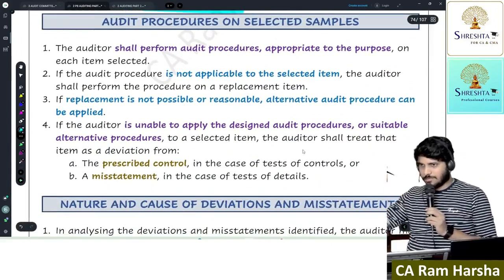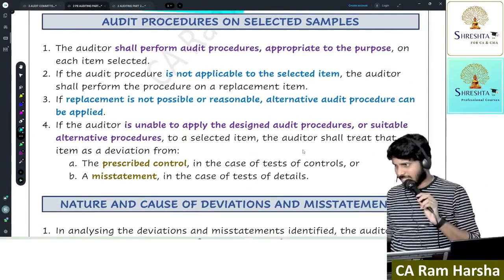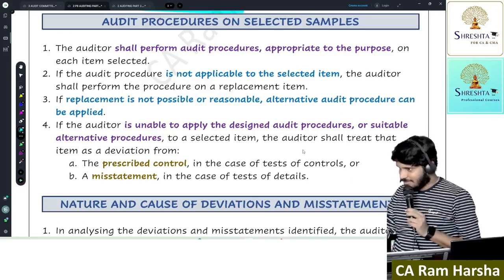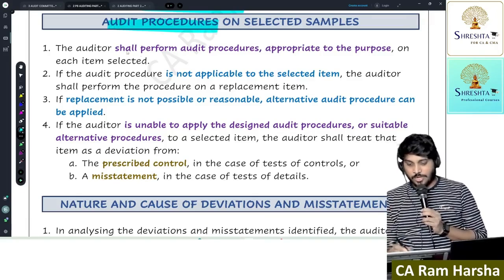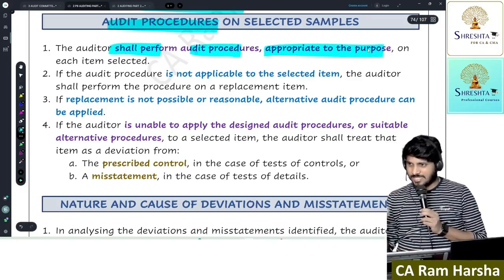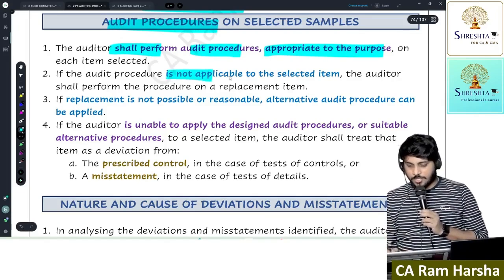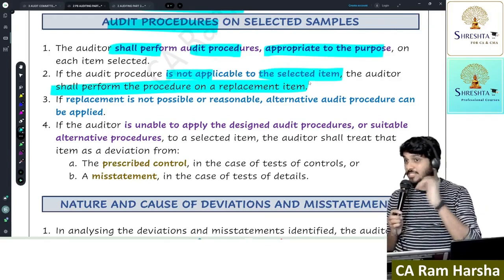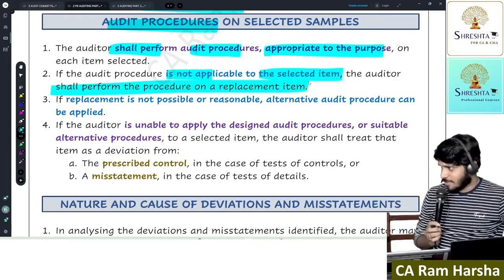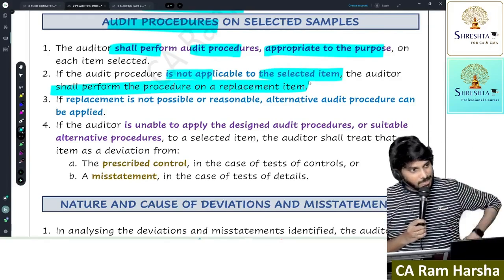Finally, whatever sample you have ultimately selected, you need to apply verification procedures. The auditor shall perform audit procedure, whatever is relevant for the purpose. If audit procedure is not applicable to selected item, then he needs to perform on a replacement item. What is meant by this? They do ask all these kinds of questions.